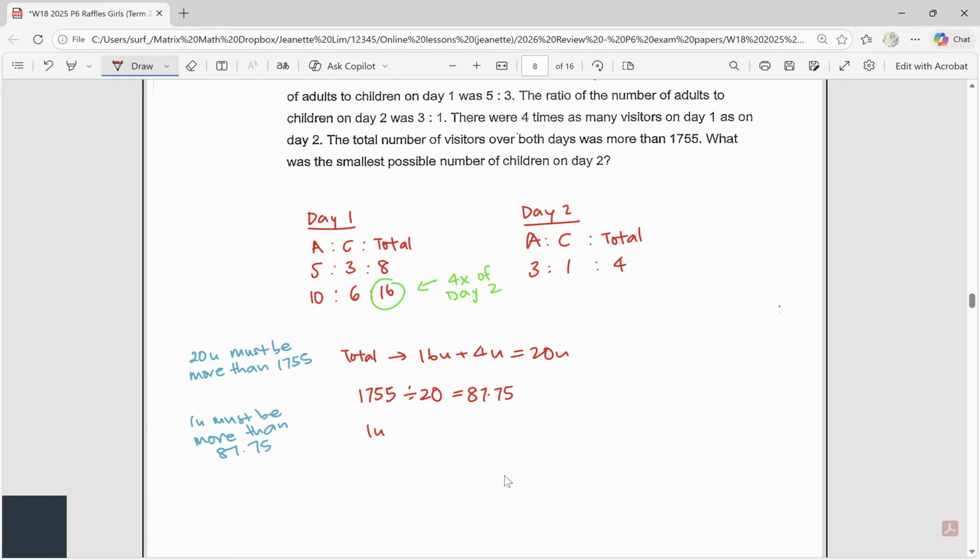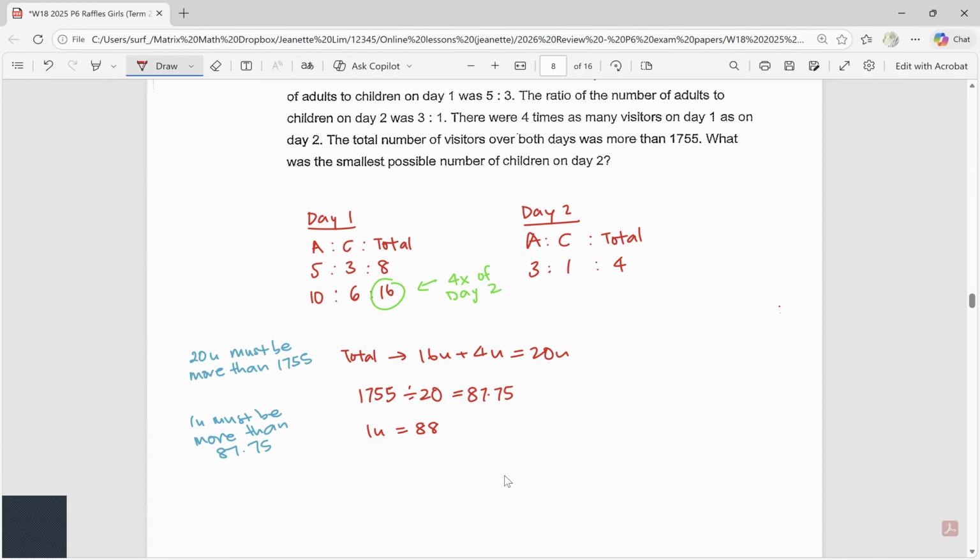So a whole number that is bigger than 87.75 would be 88. So what is the smallest possible number of children on day 2? 1 unit, 88.